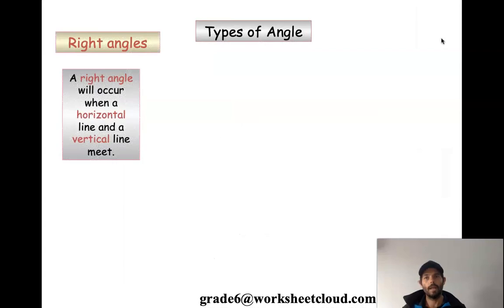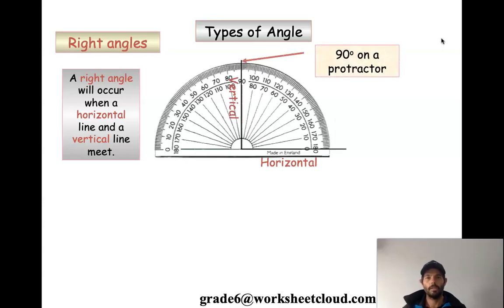Then we will get right angles, and a right angle will occur when a horizontal line and a vertical line meet. So there's a horizontal line, and that's a vertical line, and where those two lines meet, if I put a protractor over this little corner, you'll see that the vertical line lines up with the 90-degree sign.